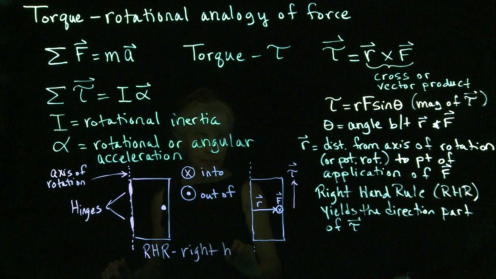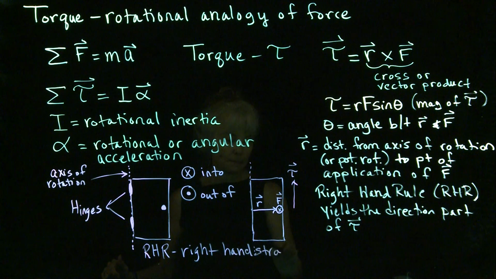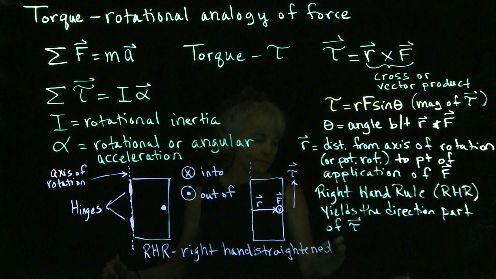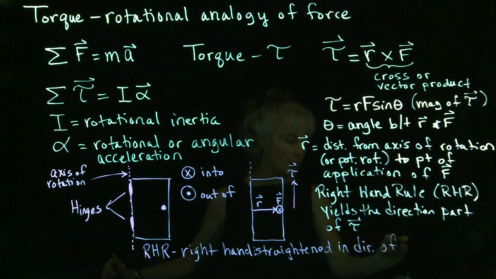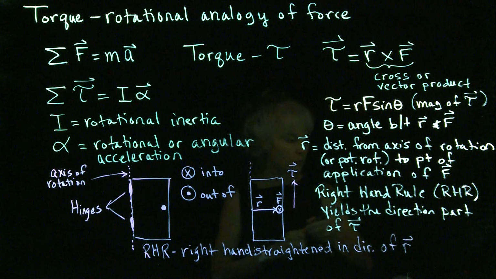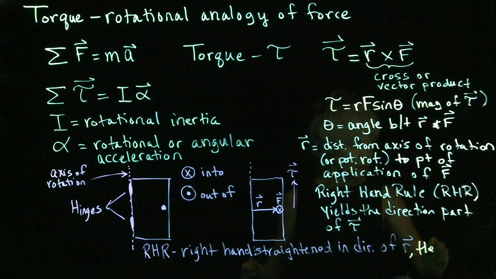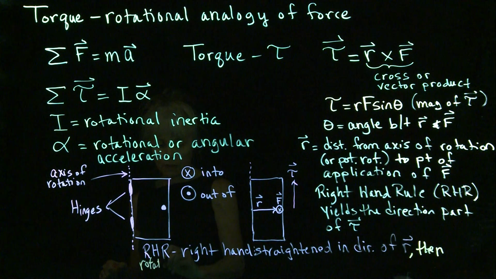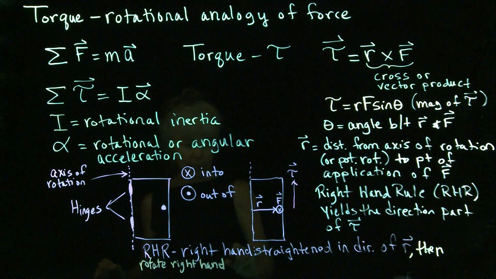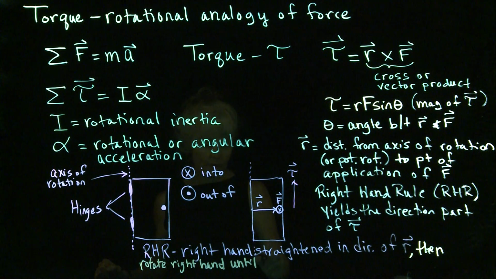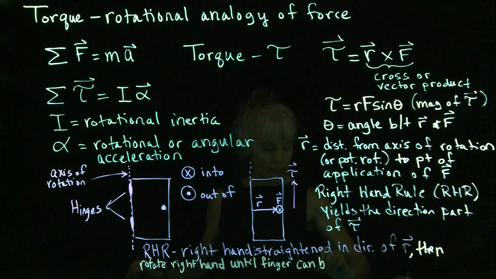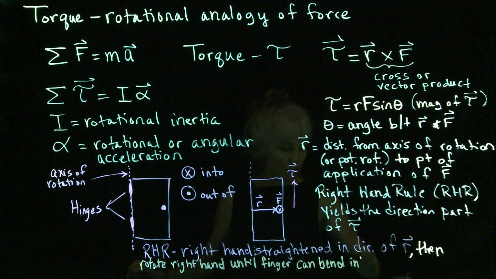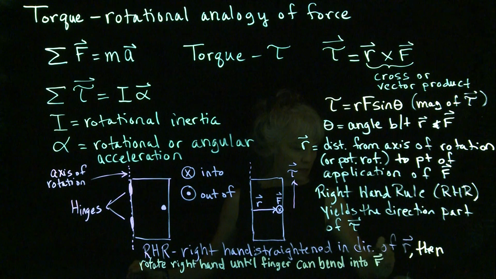right hand straightened in direction of R. Then rotate right hand until fingers can bend into F's direction.